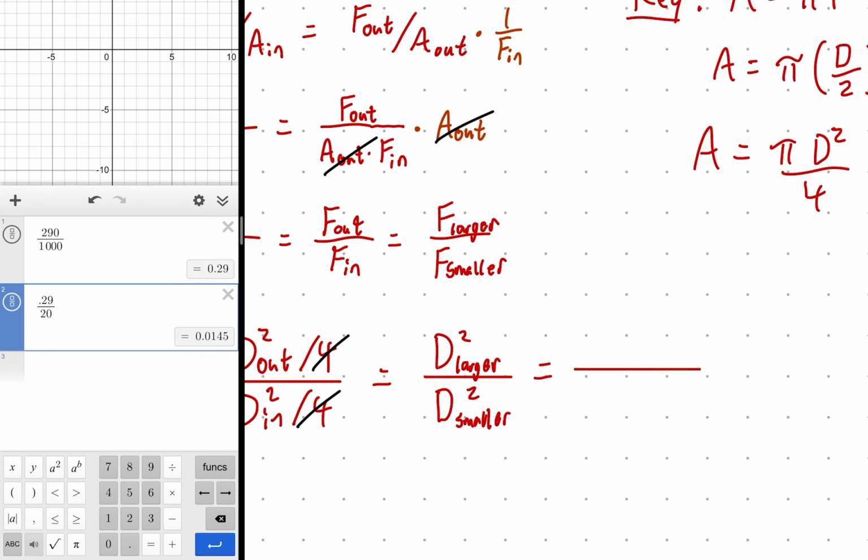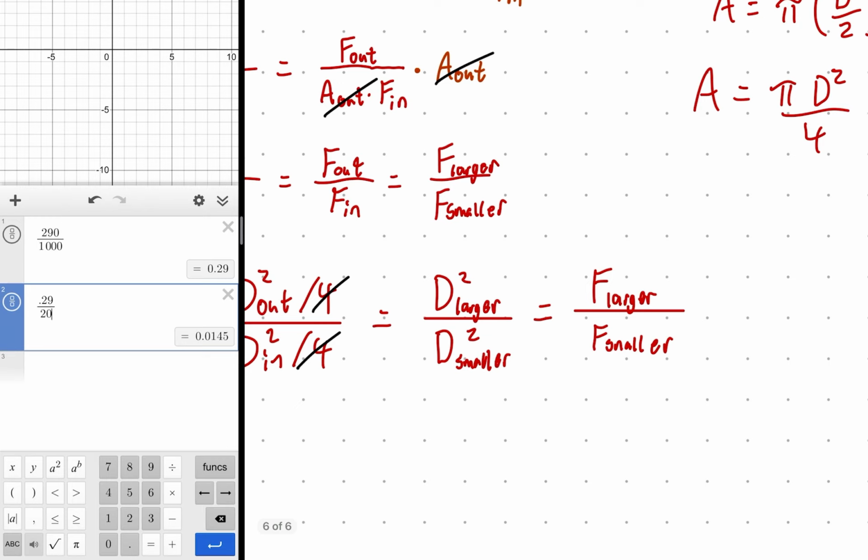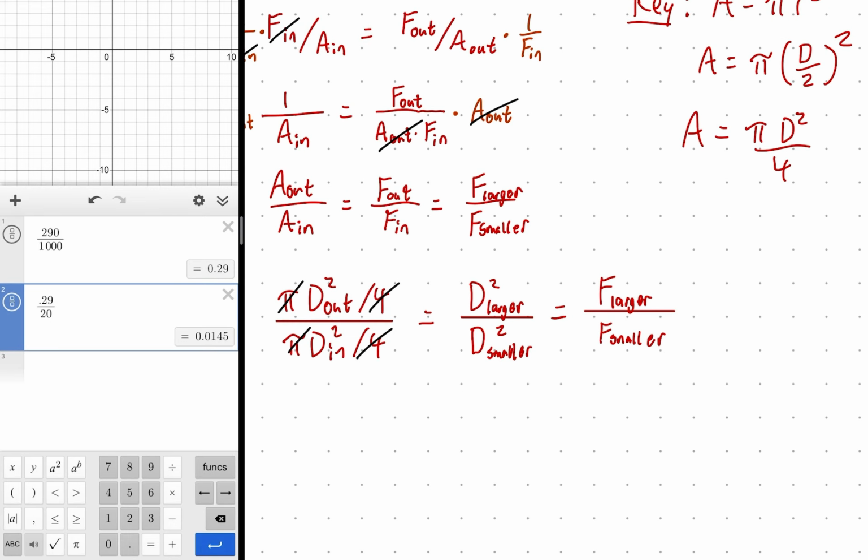And that, of course, as the line above shows, is equal to the larger force over smaller force, just like that, okay? And so the force increase that we get is just going to be the d larger over d smaller, squared.